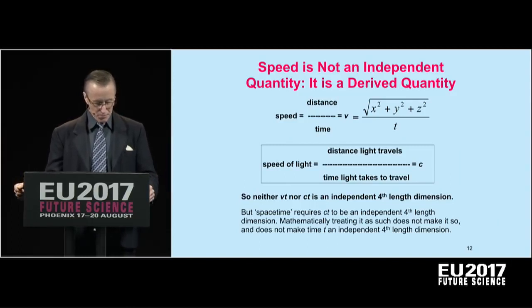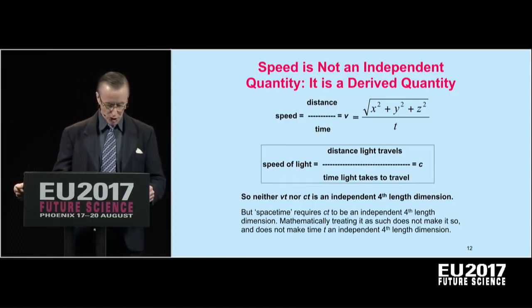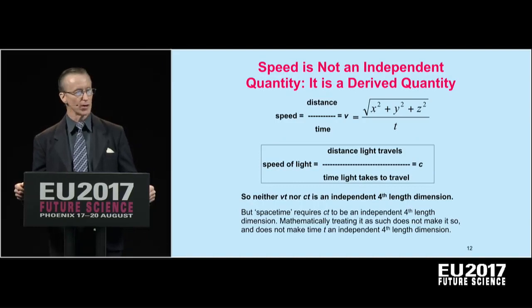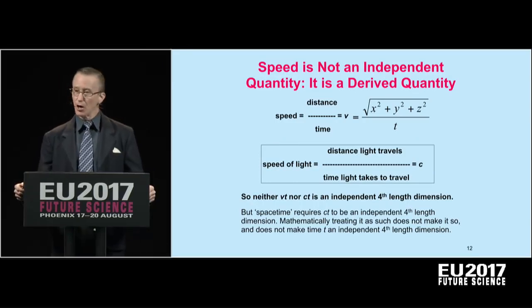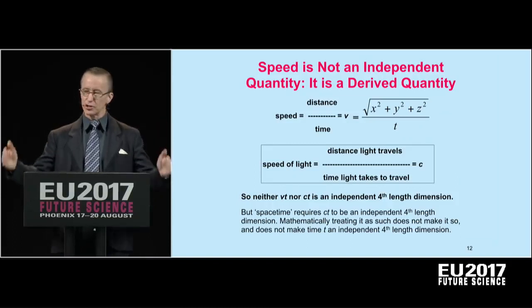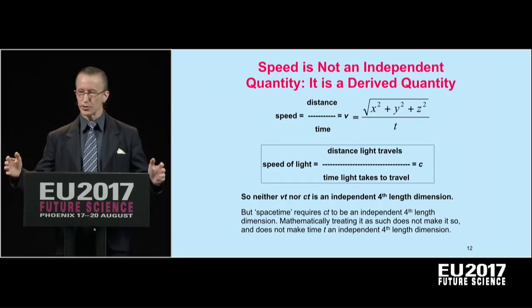So space-time requires Ct to be an independent fourth length dimension, because C times t, that's a distance. Now we can add that distance to other things. If you have a distance, you can add it to distances. This is how time is snuck into an equation to jumble up space and time and give you the idea of space-time. Well, it's not.